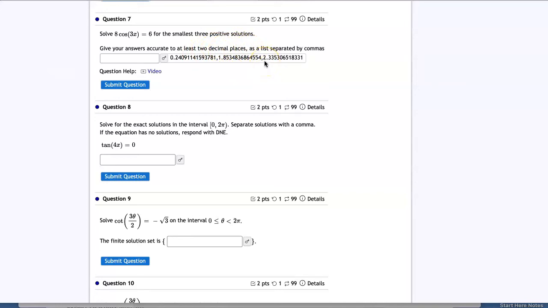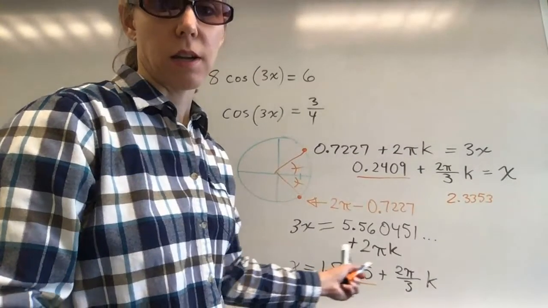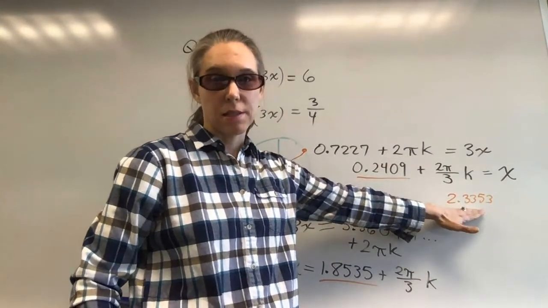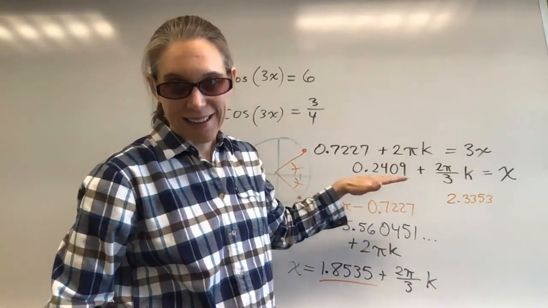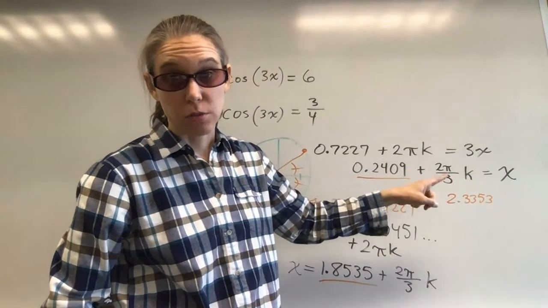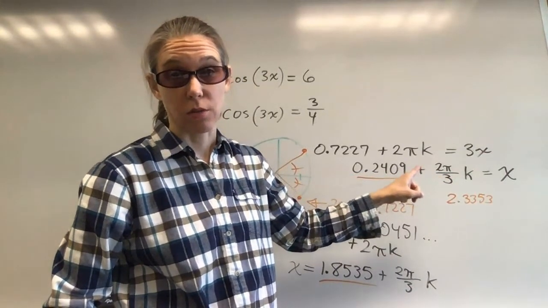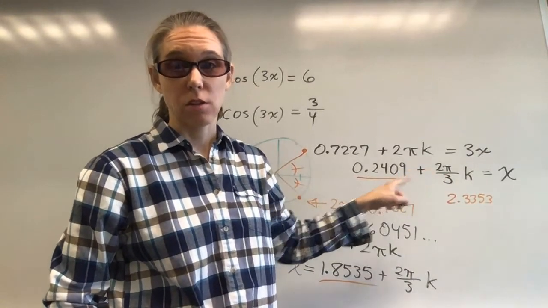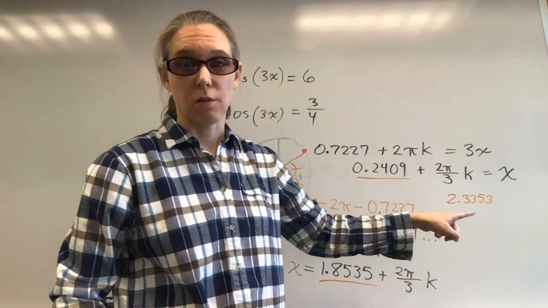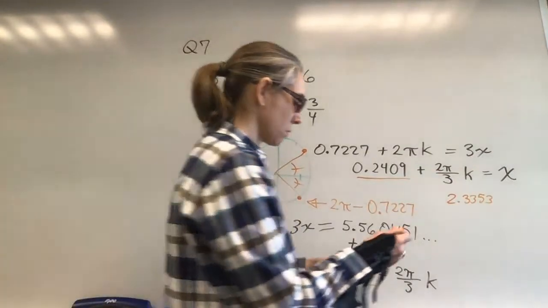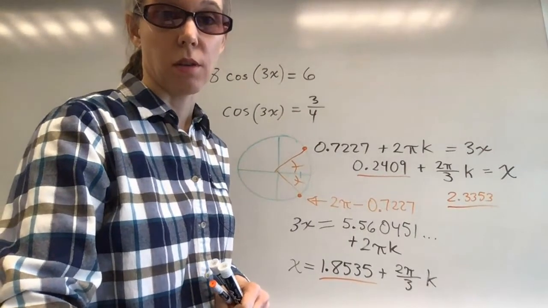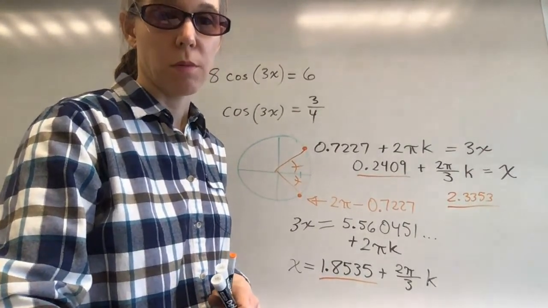And then here's the 2.3353 that I generated. I generated this one, remember, by taking the 0.2409 and adding the first multiple of 2 pi thirds k, which would be just 2 pi thirds. So I added 2 pi thirds onto this number, and voila, I get my third value. And those are the 3 smallest values. So there you go. All right, back to my open math again.